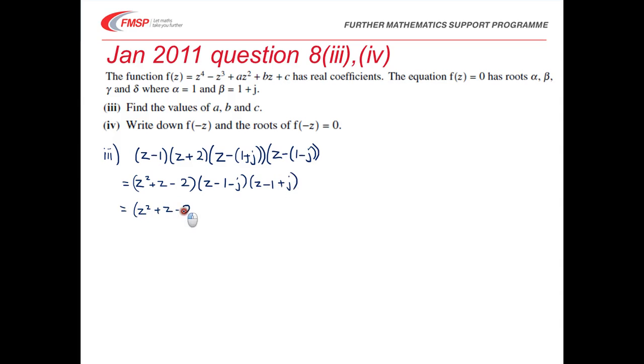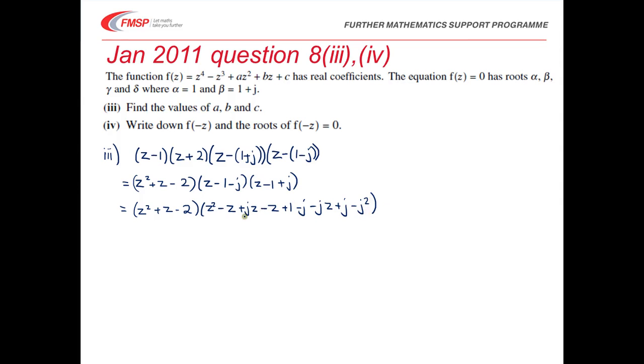And then multiplying out the second pair, z squared minus z plus jz, minus z plus 1 minus j, minus jz plus j minus j squared.